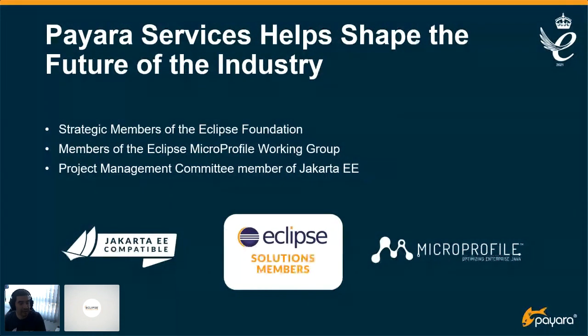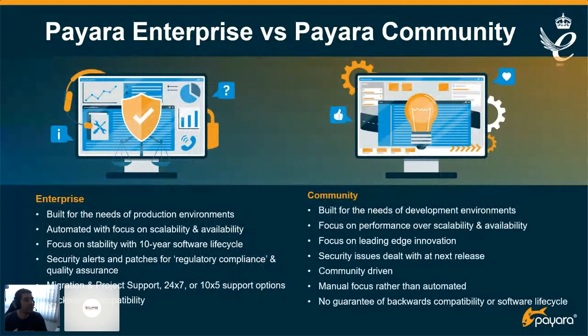In general, what we try to do is keep up with the newest things. Now that Jakarta EE has become this vast technology that's part of the community, we like to contribute more to it. Our company is focused on the Payara Platform, which is a dual edition platform, both enterprise and community.